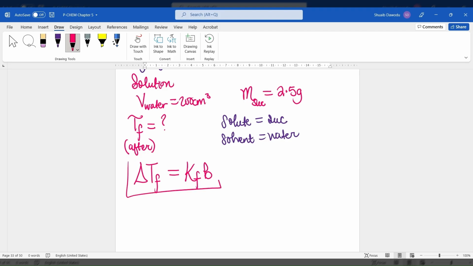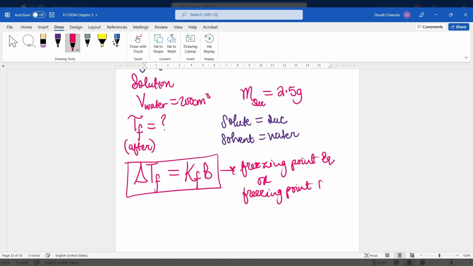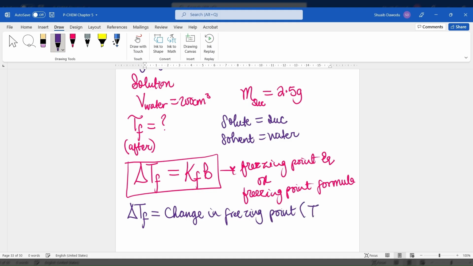So this is called the freezing point equation, or the freezing point formula, where change in T sub F is the change in freezing point. And of course, the unit for this is the unit for temperature, which is simply Kelvin.